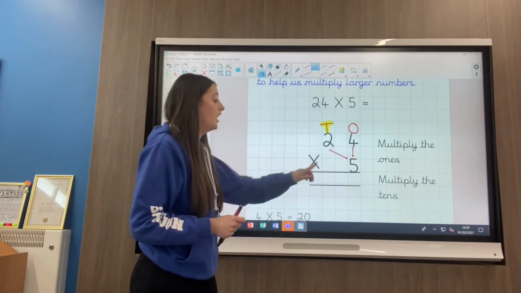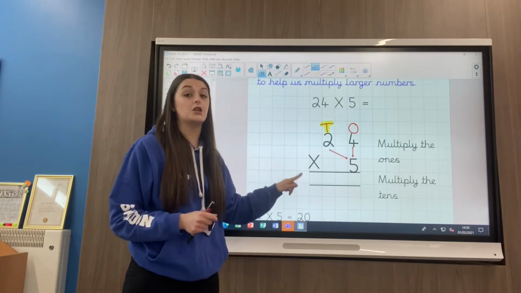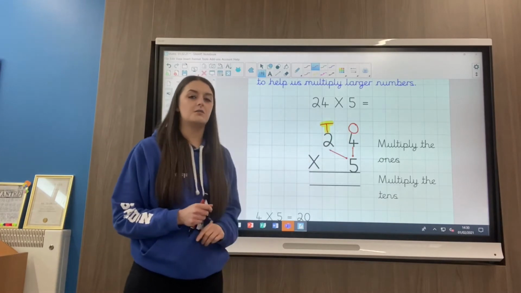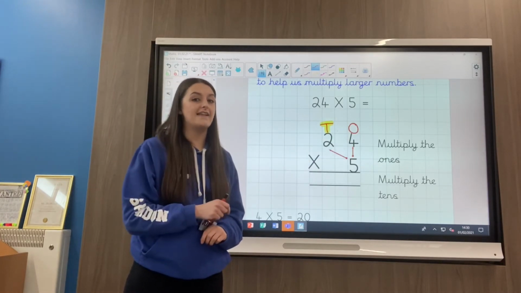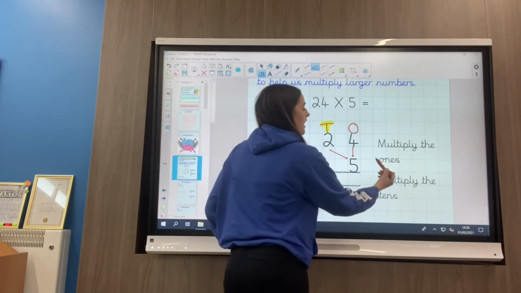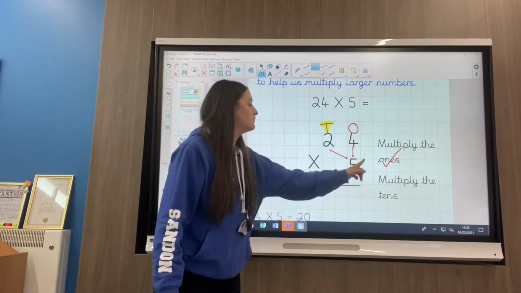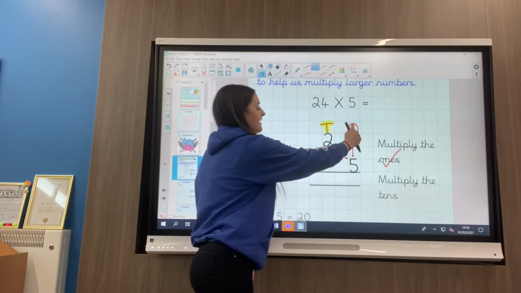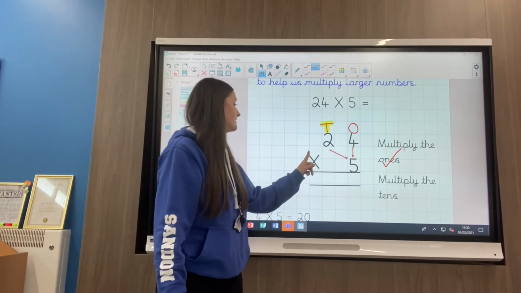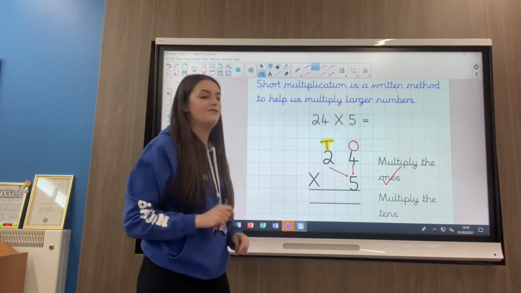Now with short multiplication, just like column addition and column subtraction, where do we start? Do you think we start with the ones or the tens? If you said the ones, well done. We start by multiplying the ones. So here's the number I'm multiplying by, and there is my ones column. So I'm going to do 5 times 4, okay? 5 times 4.